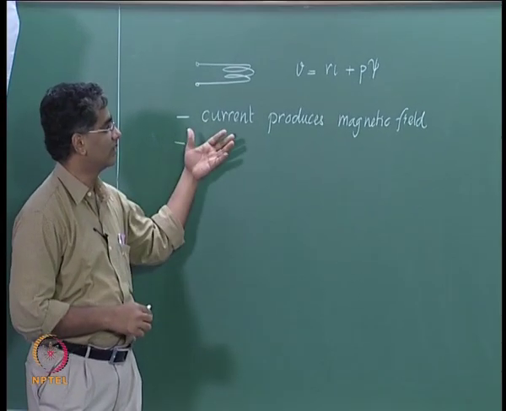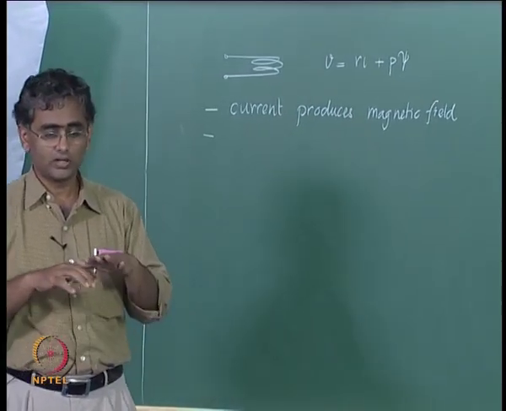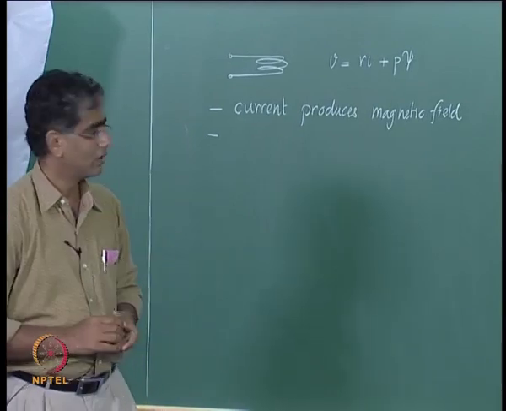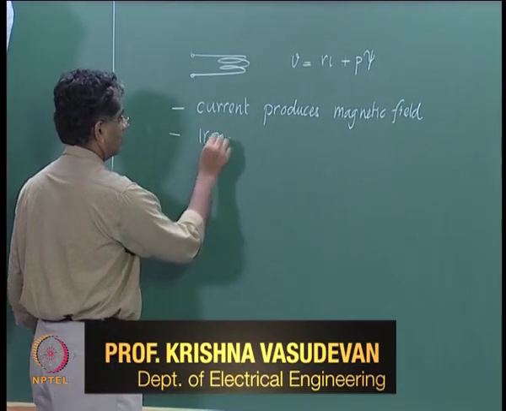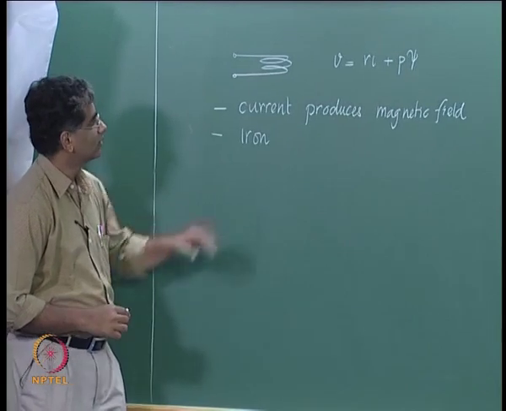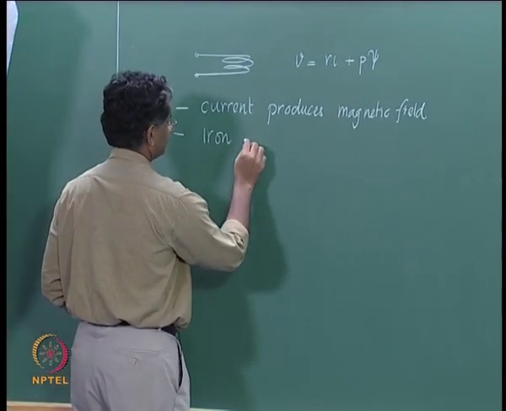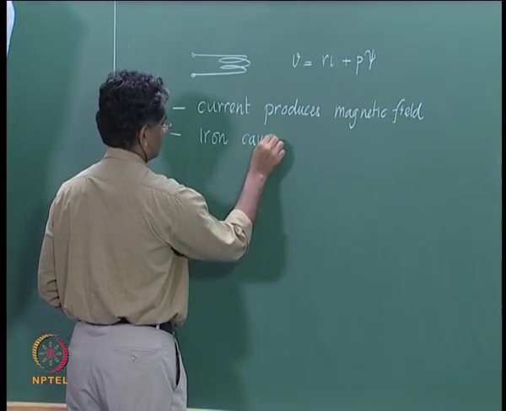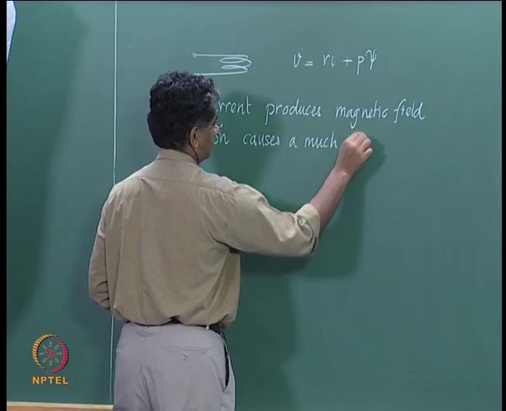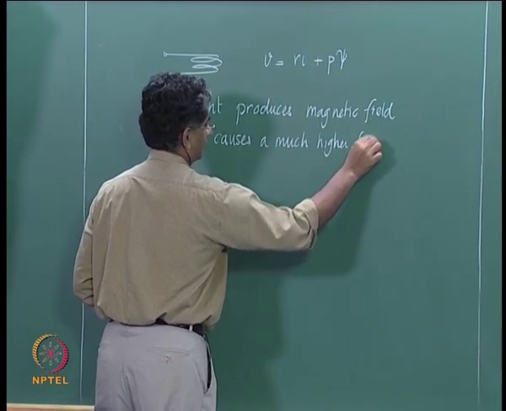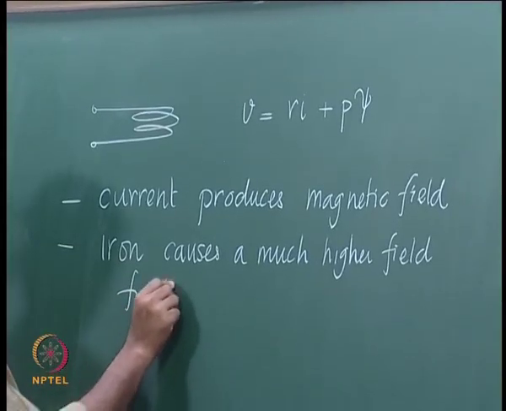You found that the field levels, or the flux density levels, were very small when it was just air around the loop. But the moment you introduce iron in the vicinity of the loop, then we find that iron causes a much higher field to be generated for the same current.